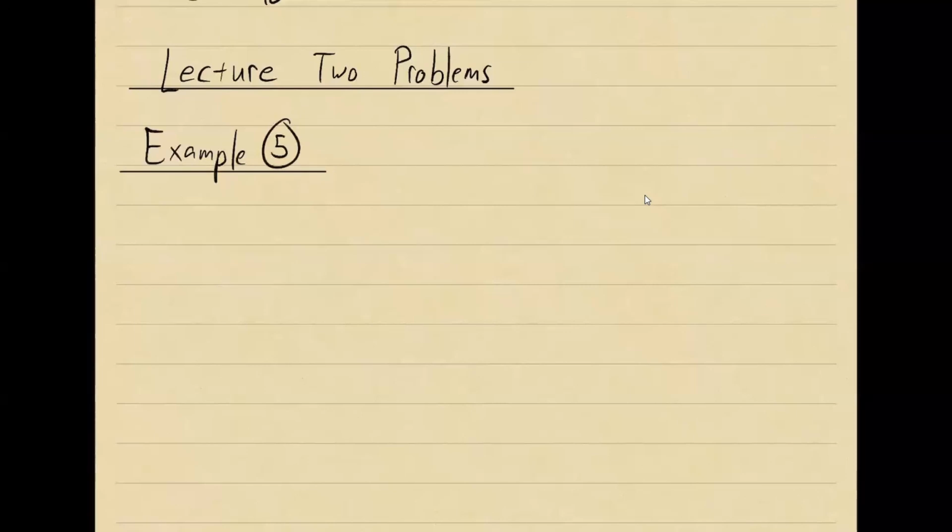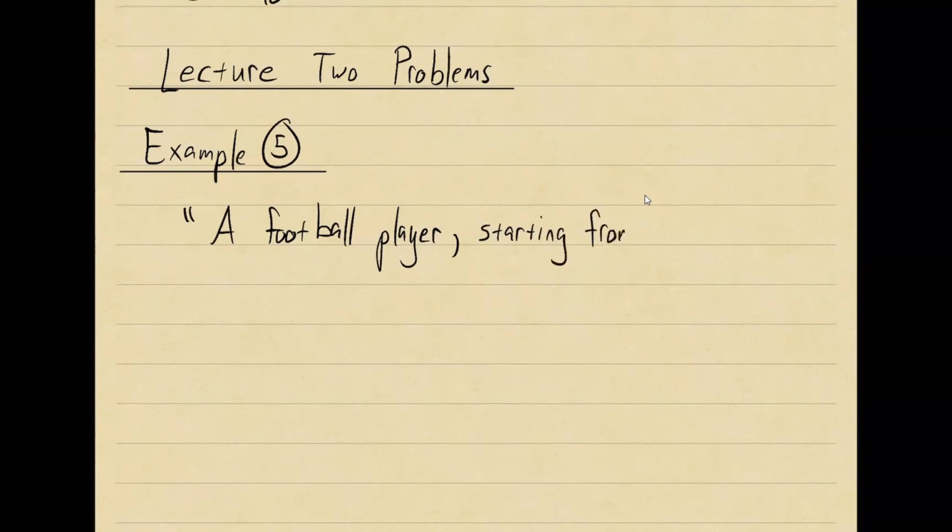So example 5 says that a football player starting from rest at the line of scrimmage, so we're actually going to leave off the line of scrimmage thing because it's not really important to the problem.